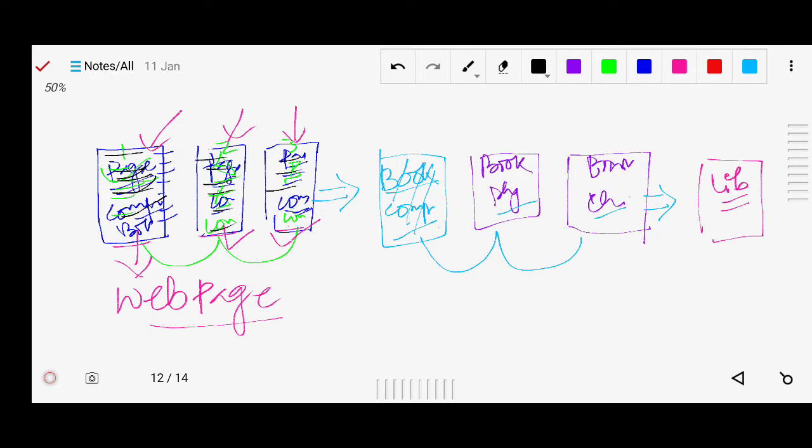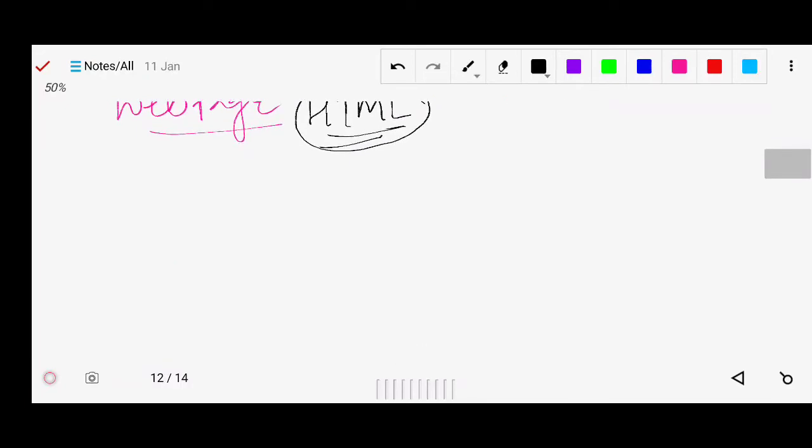So which language will we use to write these pages? Here we are using HTML, hypertext markup language. Okay, let me give you one more idea about HTML, then I will move on.